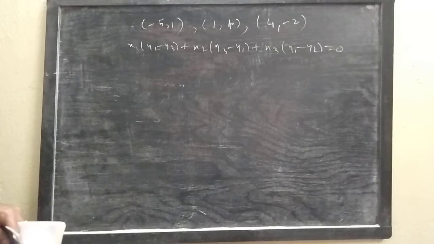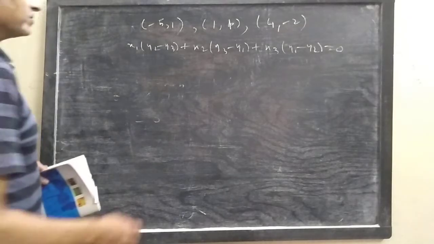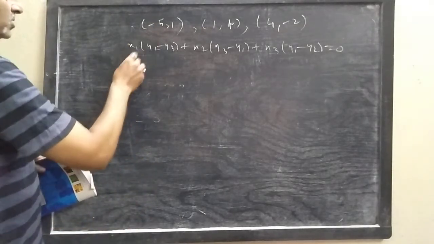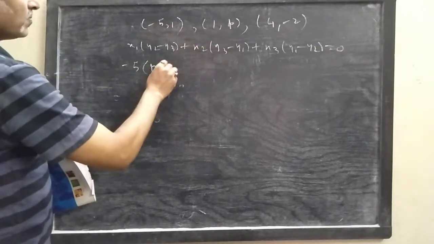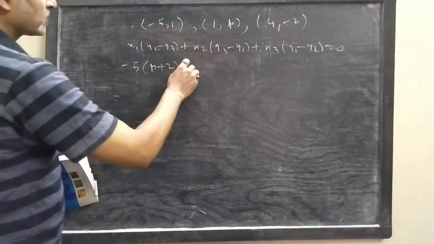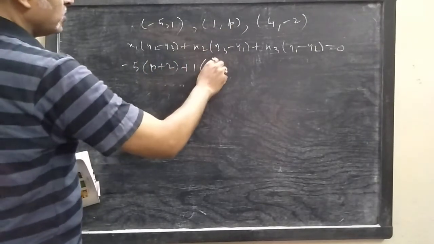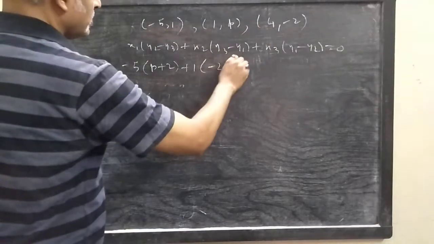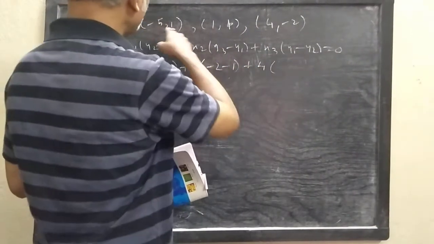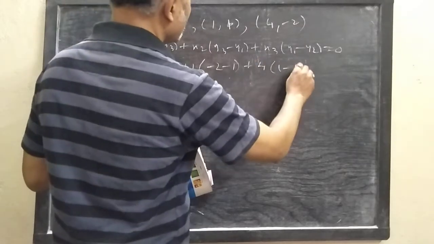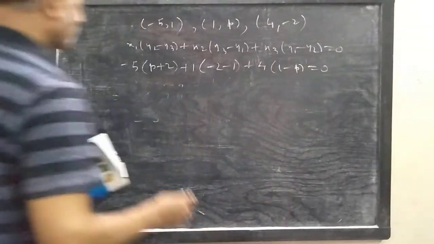Now for the given 3 points we have x1 is -5 into p minus -2, that is p plus 2, plus x2 into y3 minus y1, plus x3, 4, into y1 minus y2, that is 1 minus p, equals 0.